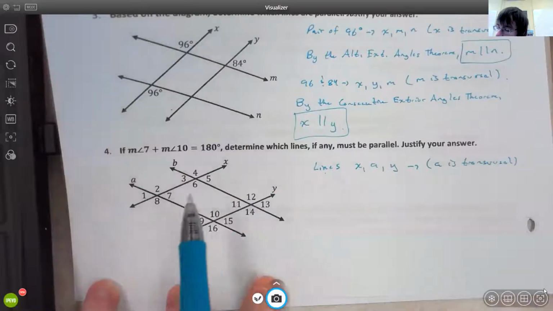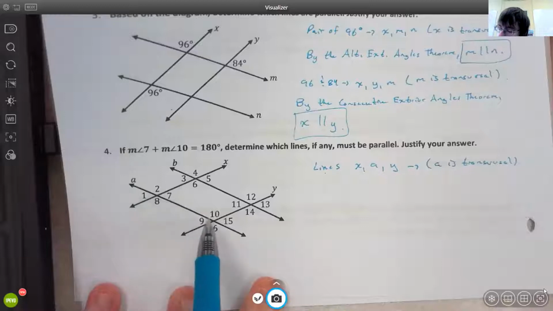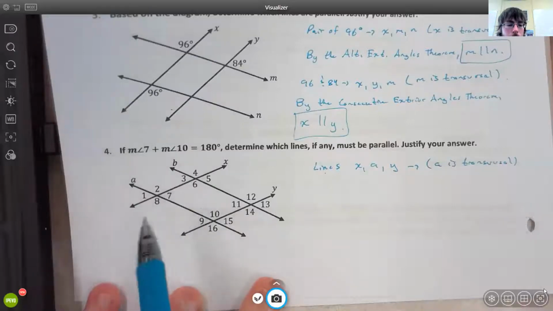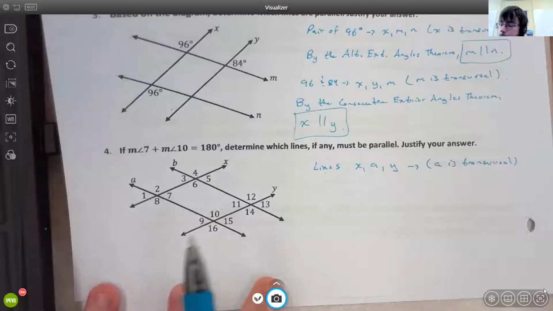Now we see that angles 7 and 10 are consecutive interior angles. And our problem says that they are supplementary. Well, are consecutive exterior or interior angles supposed to be supplementary? Yes.